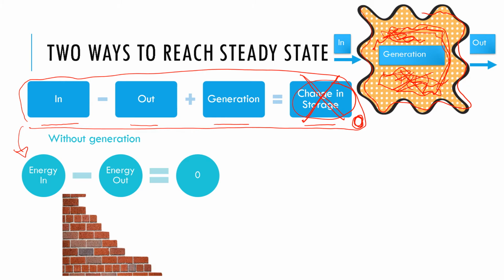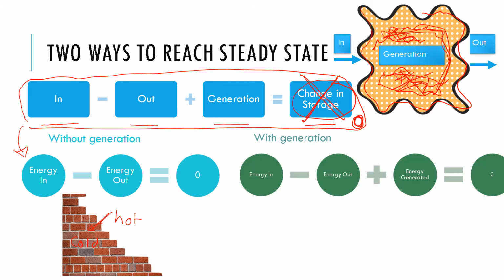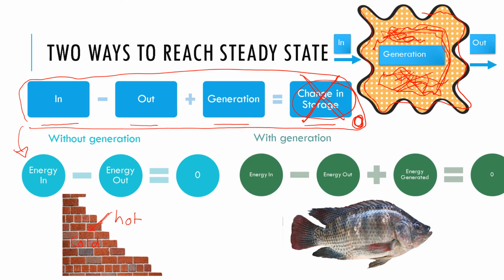For example, an obvious one is, let's say, the brick wall of a building that is maybe heated inside and cold outside. So there is heat transfer and it's steady. There is energy into this wall and then energy out of the wall that makes it steady. Another example, with generation, would be something like this fish that is cold-blooded, but it still generates some heat inside its muscles.